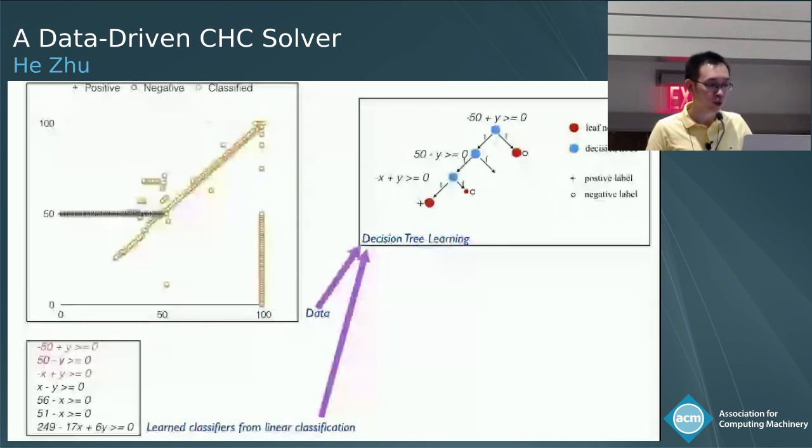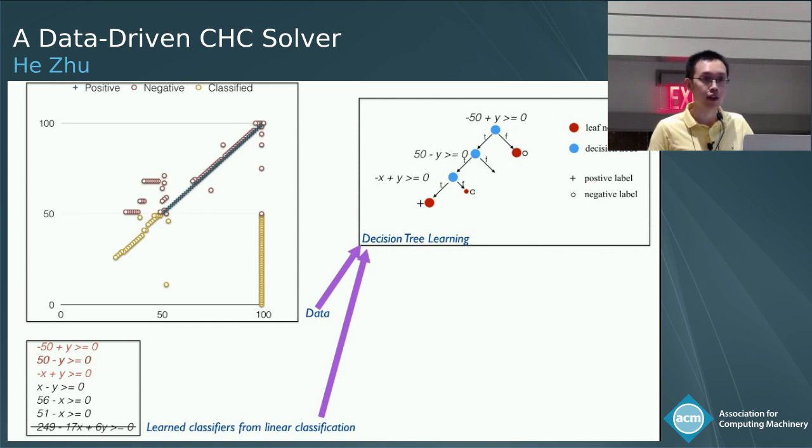Decision tree learning then chooses another classifier, y is greater or equal to x, to achieve the perfect separation. More importantly, the previously learned linear classifier that contains large coefficient and constant values is not selected because it can be subsumed by the currently learned decision rule.